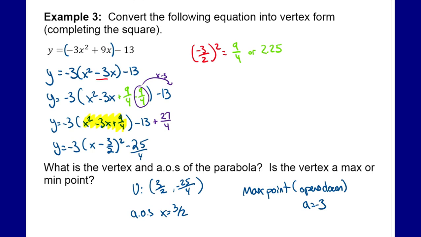Our vertex then is 3/2 or 1.5 and -6.25, or 3/2 and -25/4. The axis of symmetry is x equals 3/2 or x equals 1.5. And then it is a maximum point because it opens down, right? So the a value is -3, meaning it opens down. So that means it is a maximum.